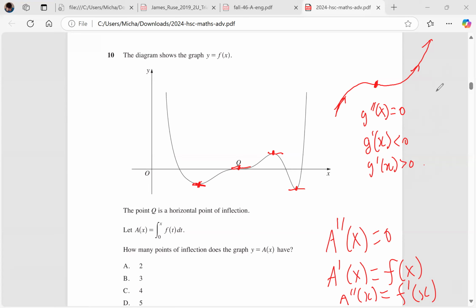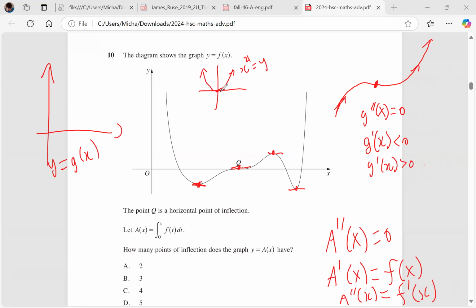So what's the definition of a point of inflection? So it's like you have a graph, y equals g of x. For example, if you have y equals x to the 4, then this is not a point of inflection, even though the fourth derivative is 0. It's like every derivative is 0 there. It's not a point of inflection.